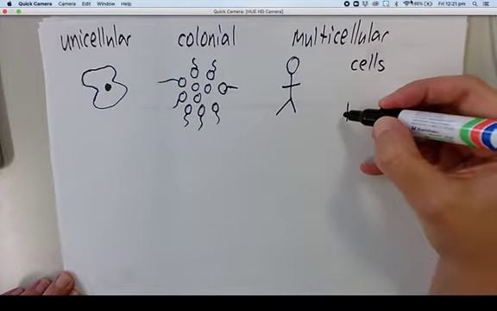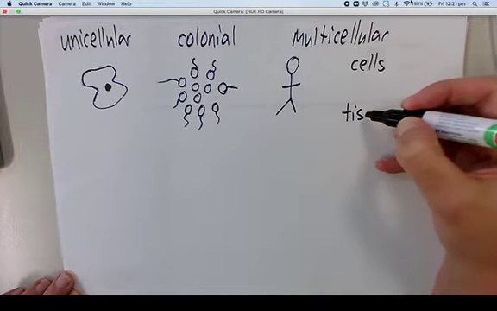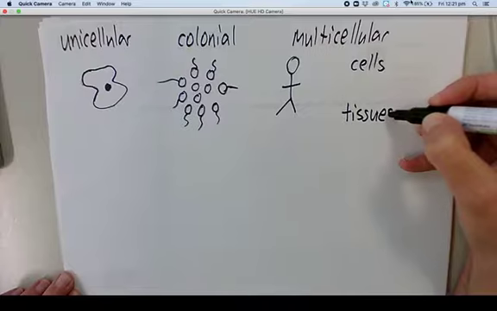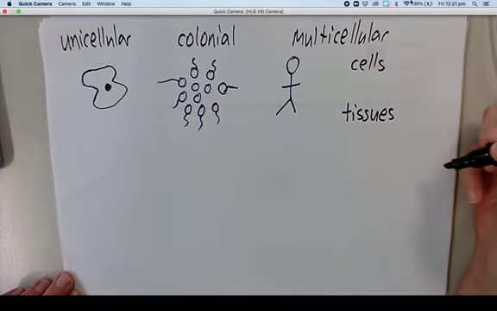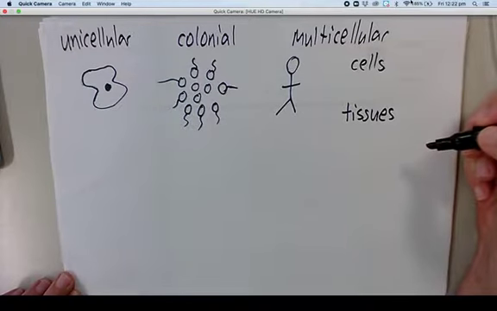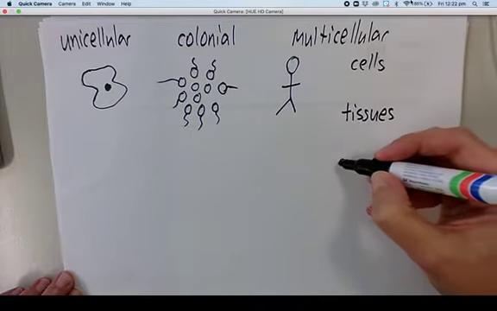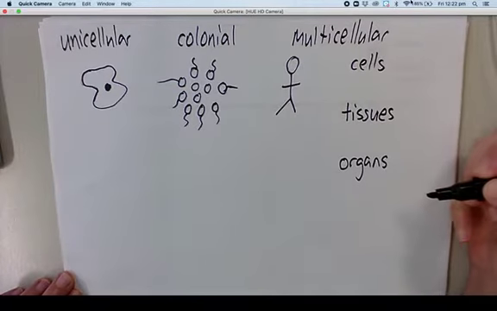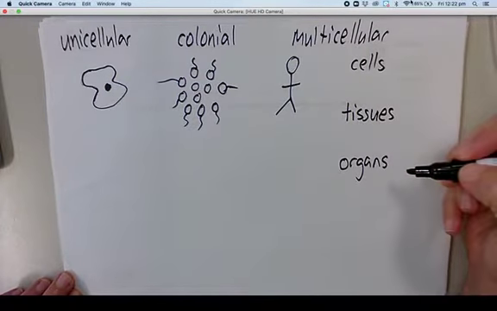So for example, if we want to move, then we've got to engage tissues called muscle tissue in order to do that. So some of our functions are going to happen at a tissue level, but often those tissues will be combining into organs like the heart in order to do functions like pumping blood around the body.